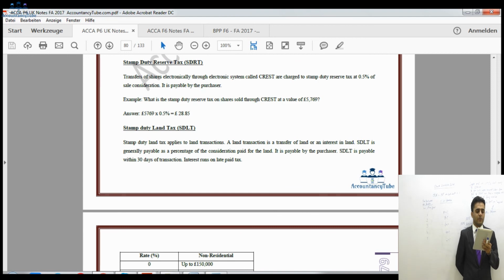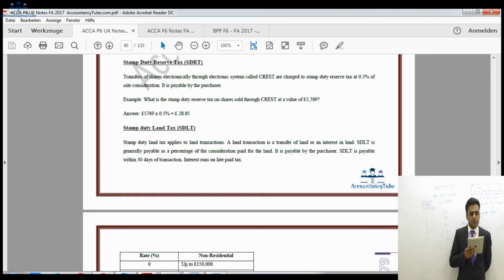Now this is an electronic system which is called CREST. CREST basically is a central securities depository, a body which holds the shares within the UK. They normally hold the UK shares and the Irish shares as well in some cases. So basically that is a central securities depository.